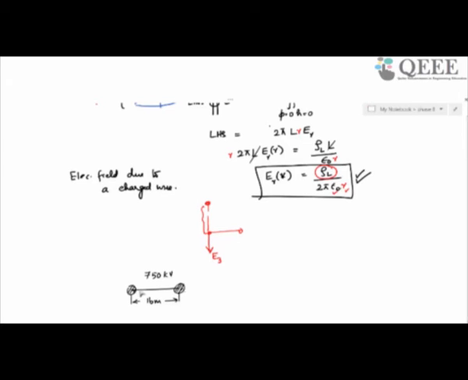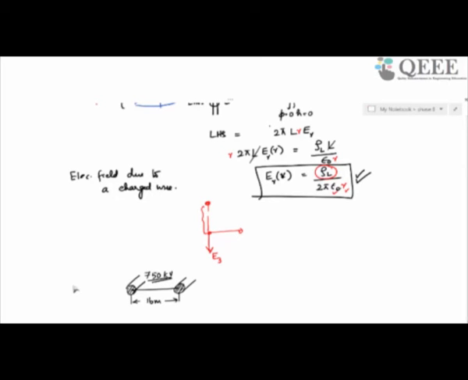So, one of them is the ground line, one of them is the high voltage line and the difference in potential is 750 kilovolt. This is the line that is carrying the voltage or carrying the electric current. I am going to use this information to find out what is rho L. How do I do that?